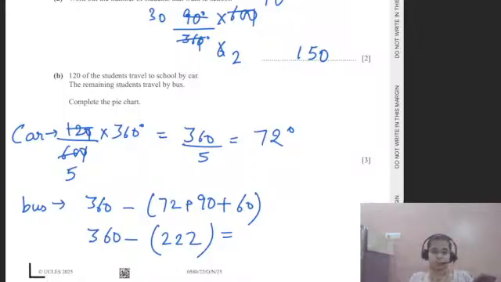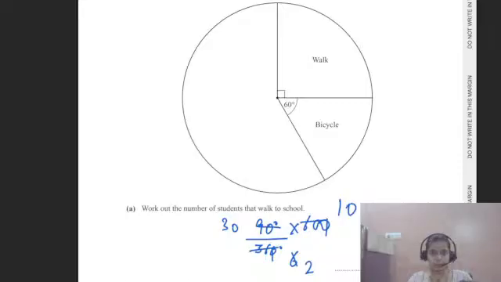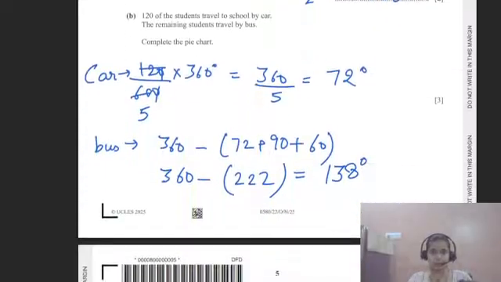When you subtract 222 from 360, you get 10 minus 2, 8, 5 it'll become 5, 5 minus 2, 3, and 3 minus 2, basically 138. 138 degrees is the angle for this. Now you can simply use a protractor and draw the particular angles in this.